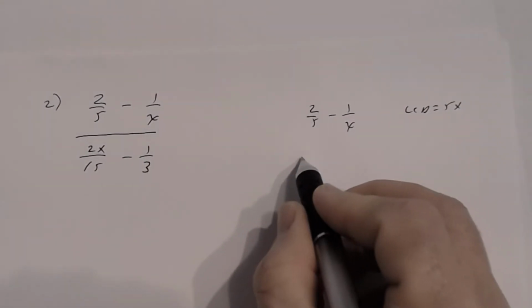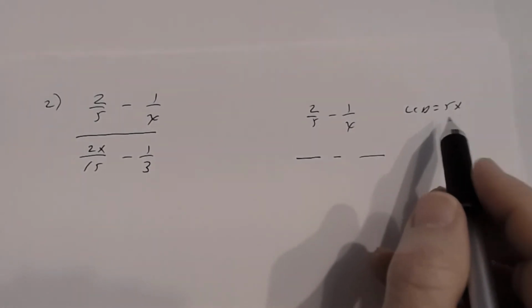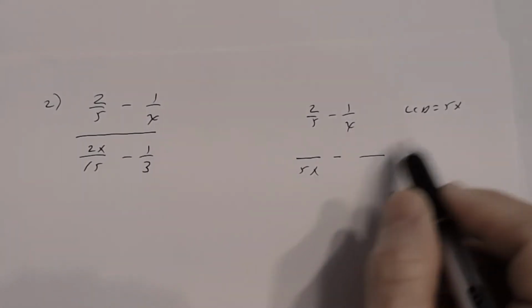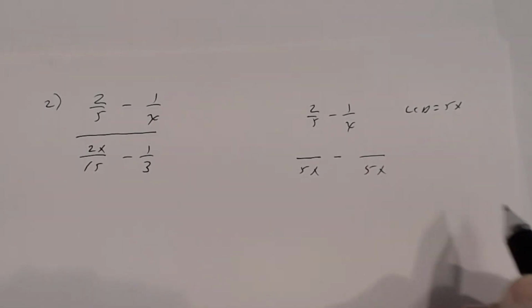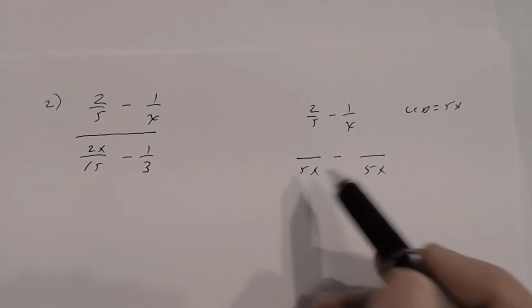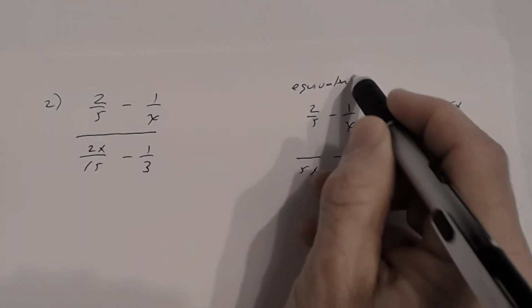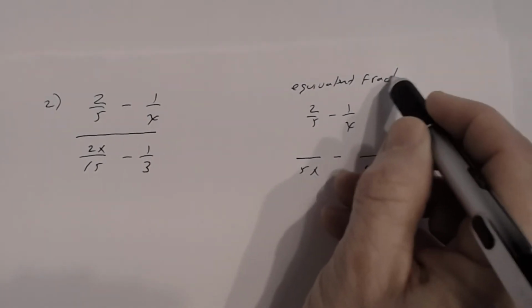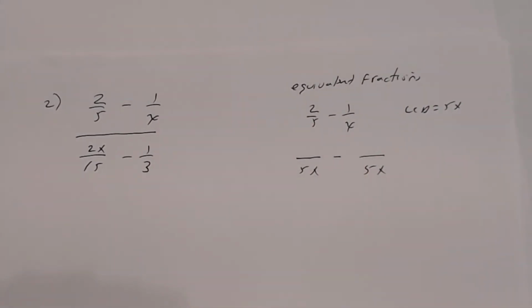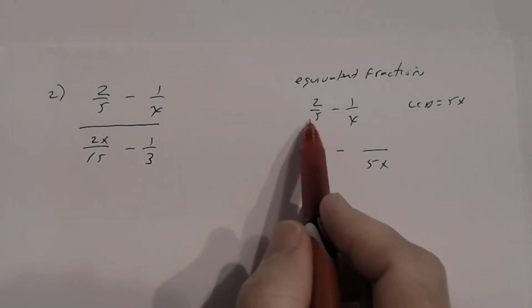And so now I'm going to write two fractions with a denominator of 5x, using that LCD. Okay? And so notice I want to write equivalent fractions. Remember, equivalent fractions, and we talked about that in previous lessons. So you got to ask yourself, all right, I have a 5.